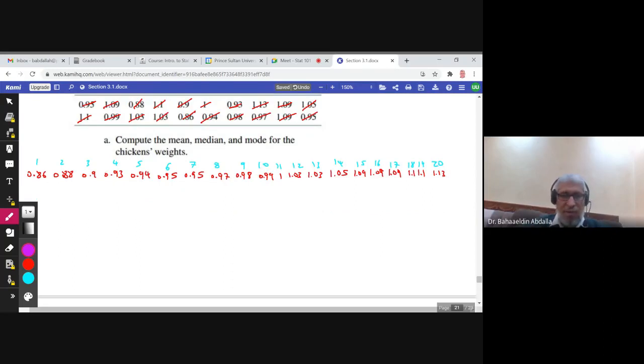So to find the mean, it's the mean of a sample, so I call it X bar. I add all the numbers, 0.86 plus up to 1.13, and I divide by 20, and I get the answer. So I'll do that by calculator, if you want to do it with me.